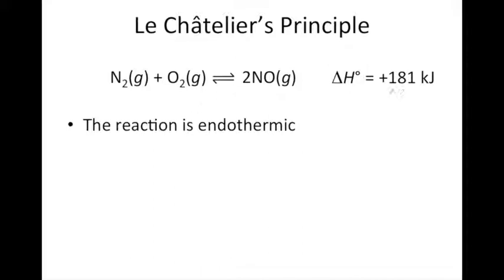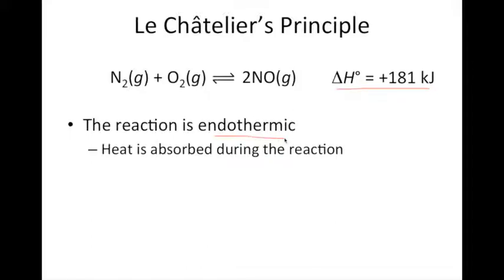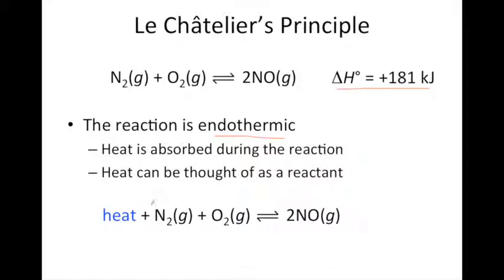Here we have a reaction where delta H standard is positive, which tells us this is an endothermic reaction. Therefore, heat is absorbed during this reaction. Well, if heat is absorbed, we can think of it as a reactant. So let's rewrite our reaction, but here, because it's endothermic, we're putting heat on our reactant side.